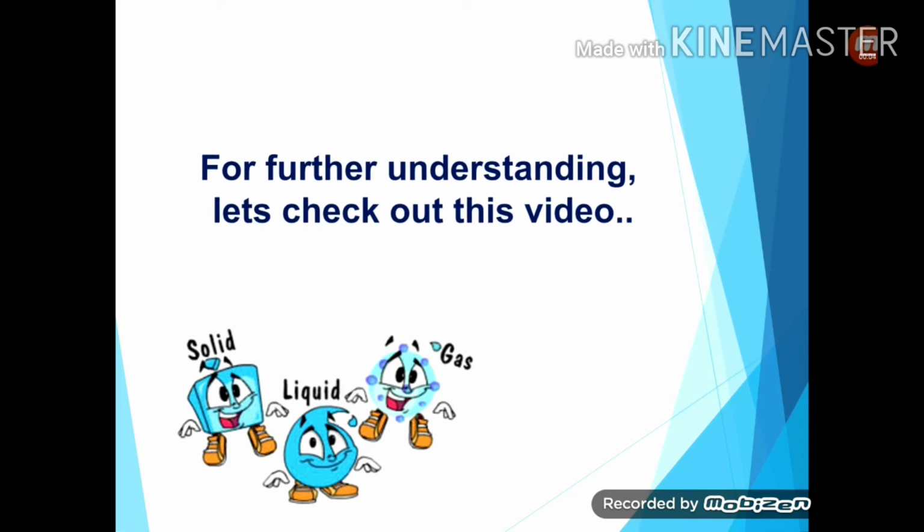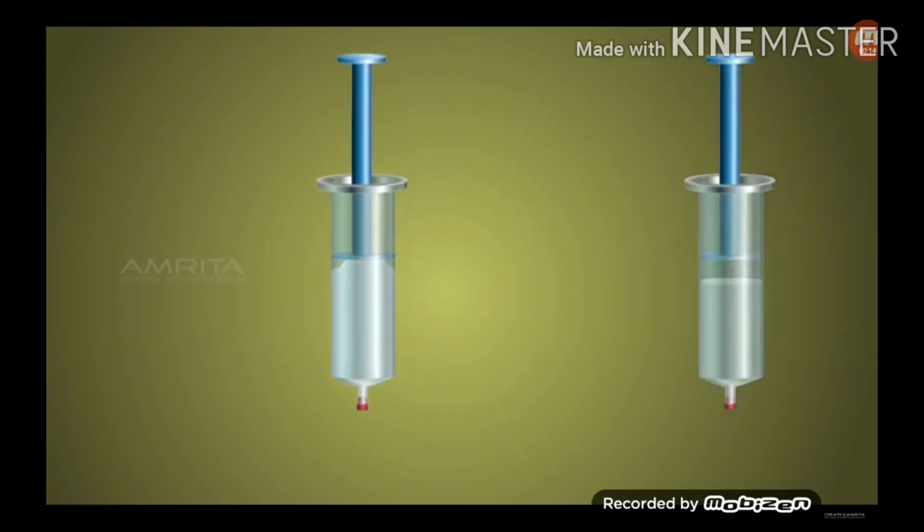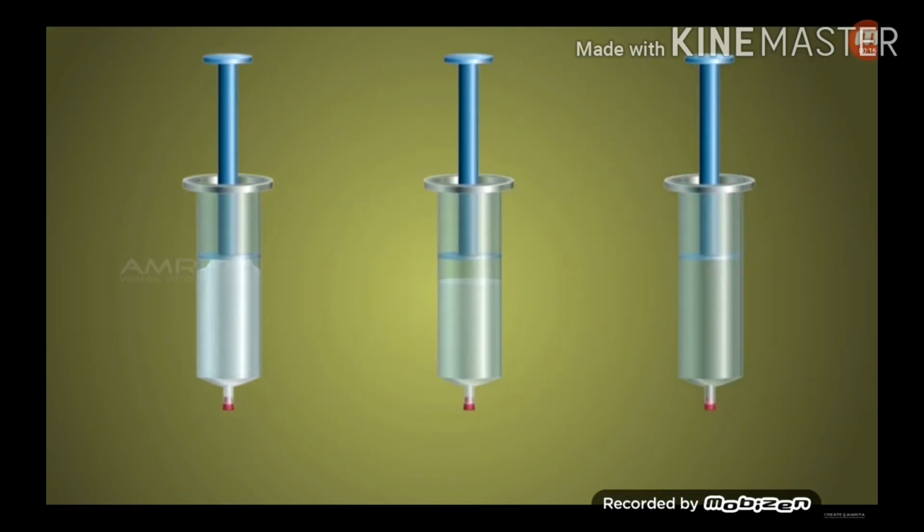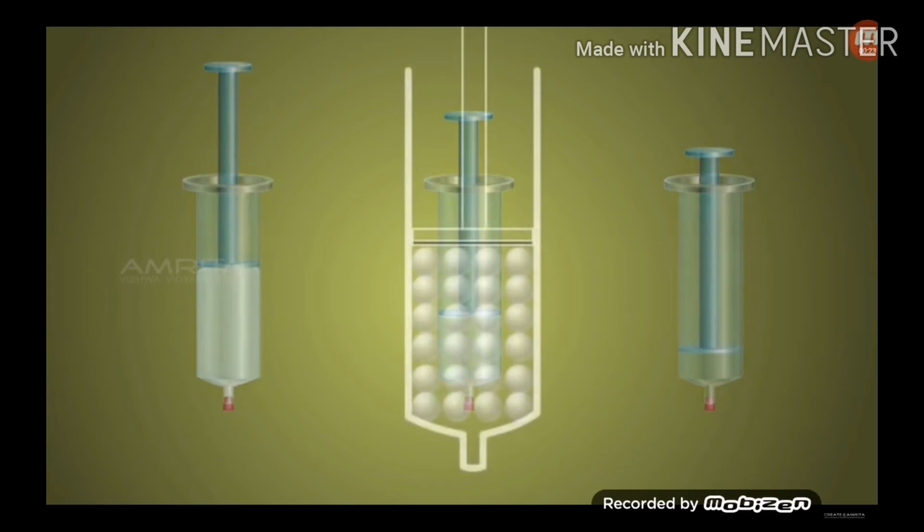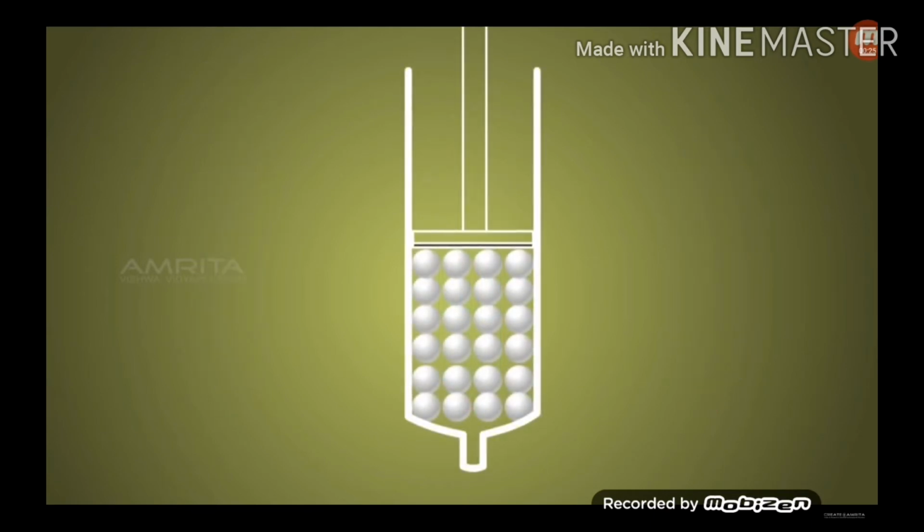For further understanding, let's check out this video. Fill one syringe with chalk pieces, fill another with water, and leave one syringe empty. Insert the piston and try to compress the material in the syringe. You will see that the syringe with the solids is not compressible because the solids are rigid.